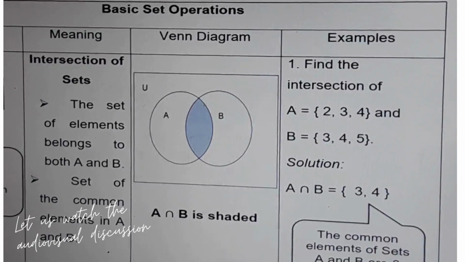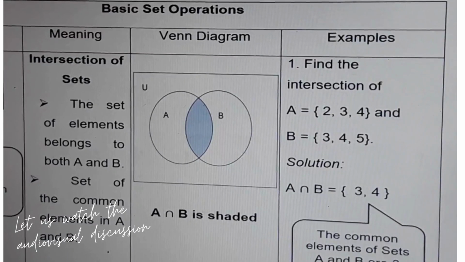If you try to put this in a Venn diagram, what is inside the shaded part are the elements which are common between the two sets. Those are the numbers or elements that should be put in the intersecting area of the sets in the Venn diagram.